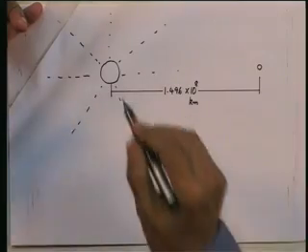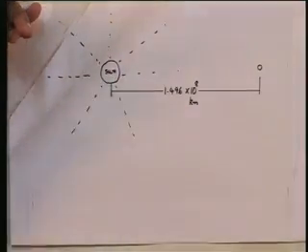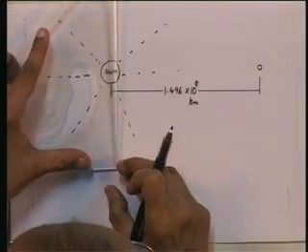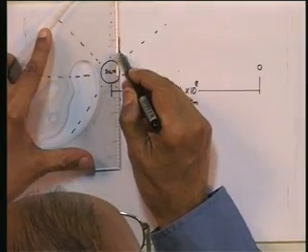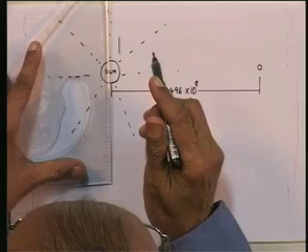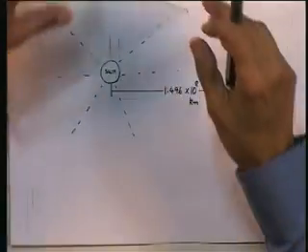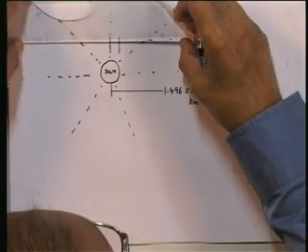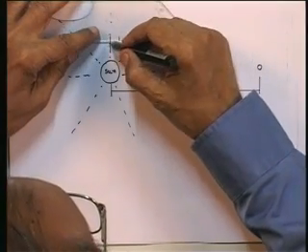This is the earth, this is the sun, and the radius of the sun is 0.695. This is the radius of the sun.